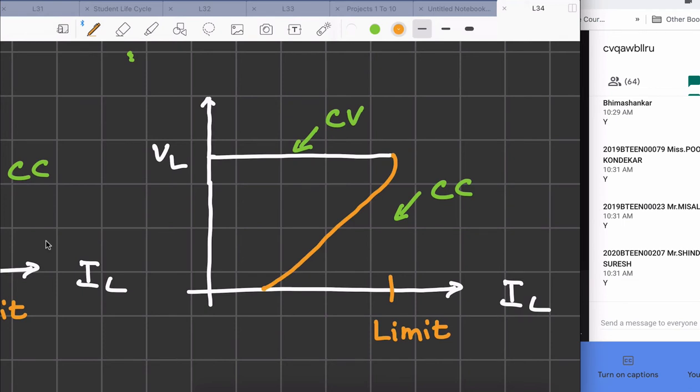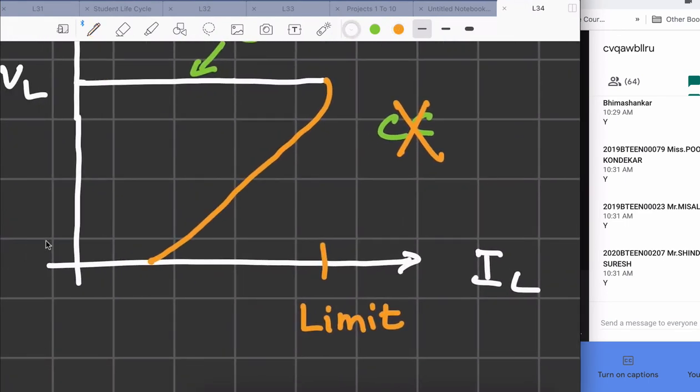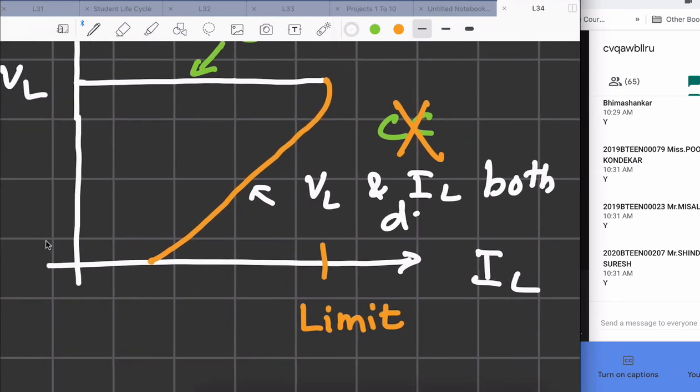So during this period, it is not a constant current source, but VL and IL both drop. So these are the two current limit types. How they are implemented we'll see somewhat later.